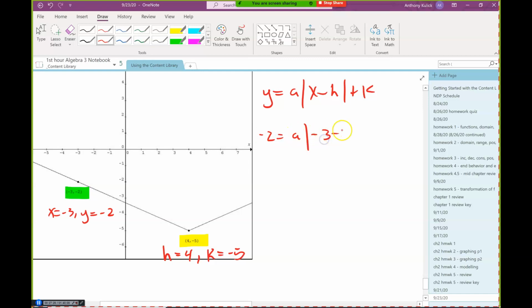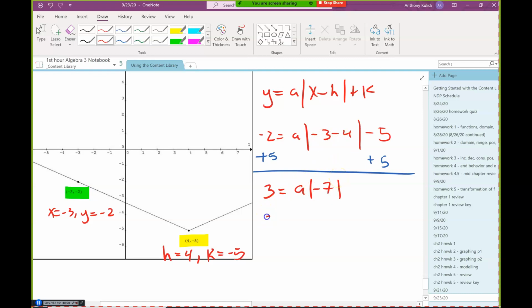Now that I have all of that stuff, I have just the a left to solve for. So I can do that directly. We still good there, Elizabeth? Okay. So we'll just add 5 to both sides. That gives us 3. And then negative 3 minus 4 is negative 7.